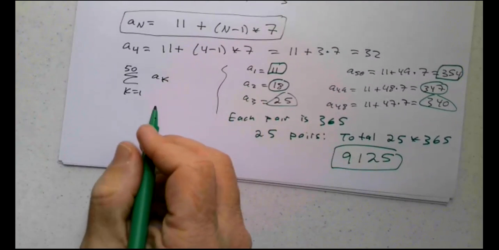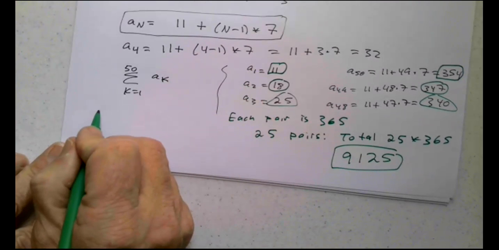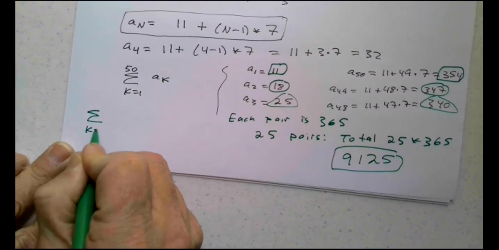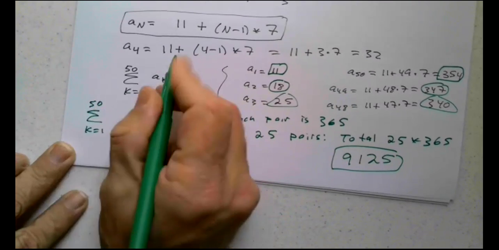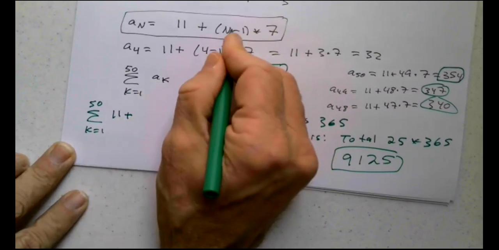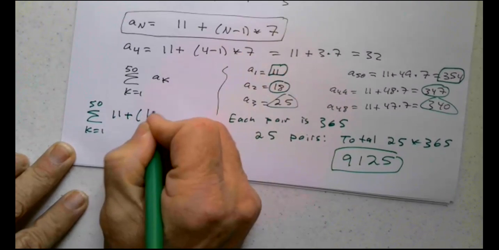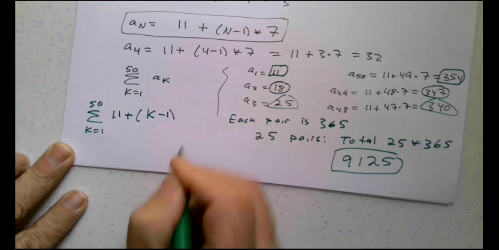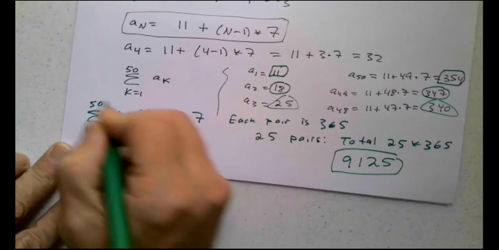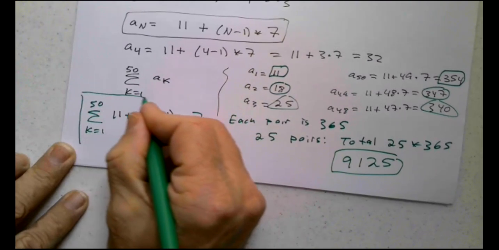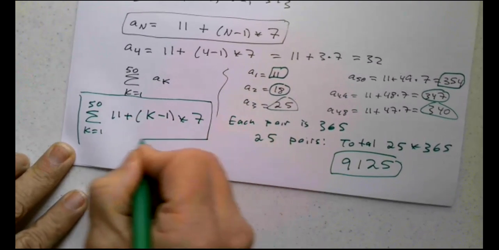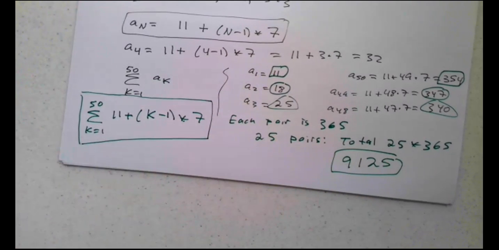So the sum as k goes from 1 to 50 of a sub k would be 11 plus, replacing n with k, k minus 1 times 7. So I'm going to feed this to the summation on the calculator and see if I get my answer of 9125. So let's go ahead and do that.